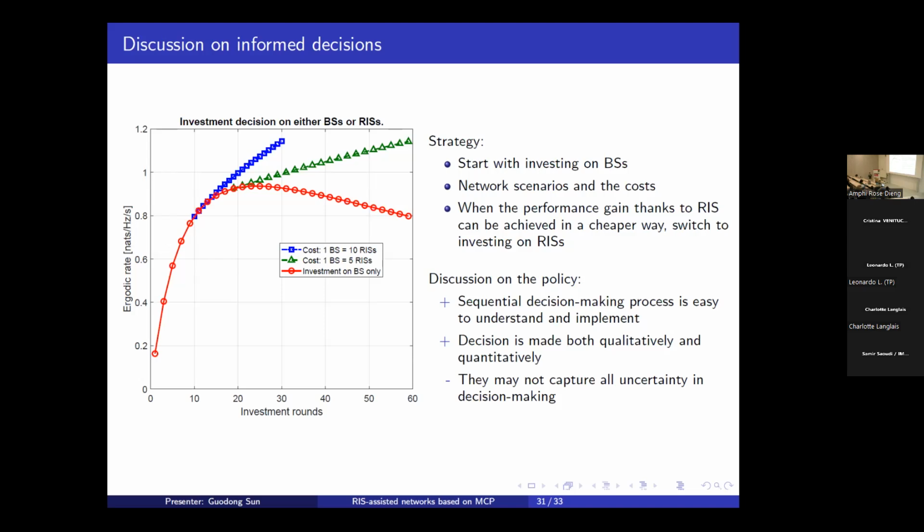Then you evaluate the cost and the scenario, and when the performance gain from RIS can be achieved in a cheaper way, you switch to deploying RISs. So this is a sequential decision-making process. It is easy to understand, and it considers the qualitative and quantitative perspective of RIS, of the cost and the gain. Note that it may not capture all the uncertainty here, because in a real network there is more randomness compared with this model.